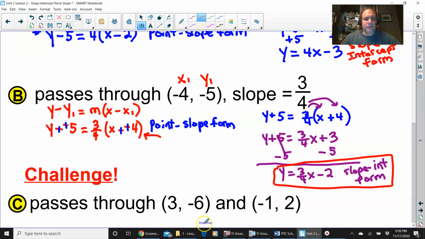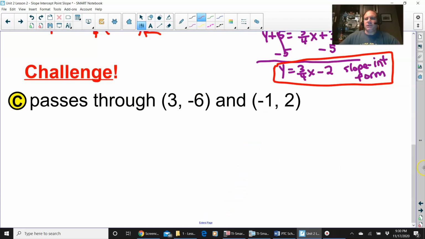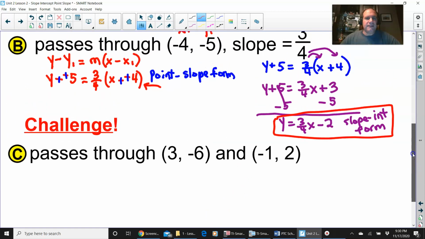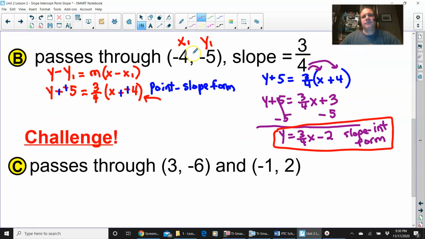All right, one more, the challenge. So you notice that these problems here only give you a point and a slope. I have 2 points, but I have no slope.